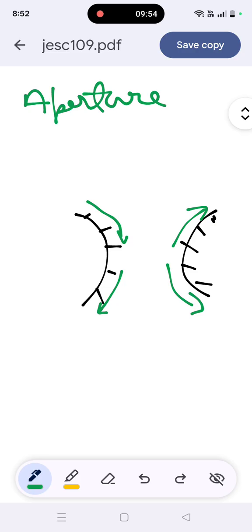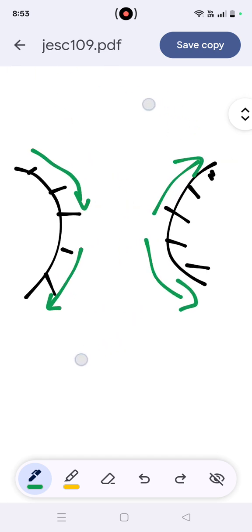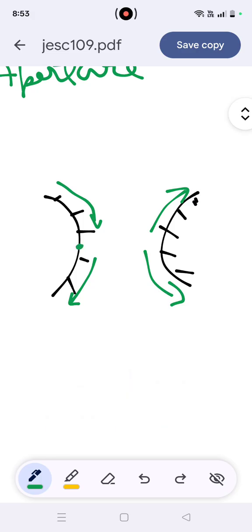We call it the mirror, but this part is also known as the aperture. It is the size of the mirror only. Then you know the center also, the pole. The center of the aperture or the mirror is known as the pole.